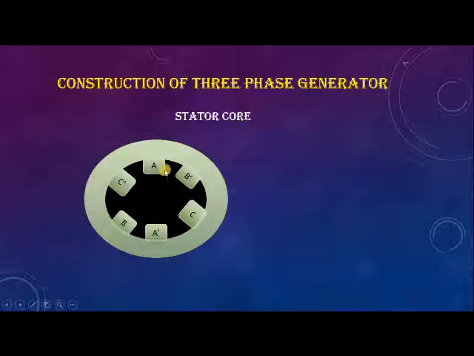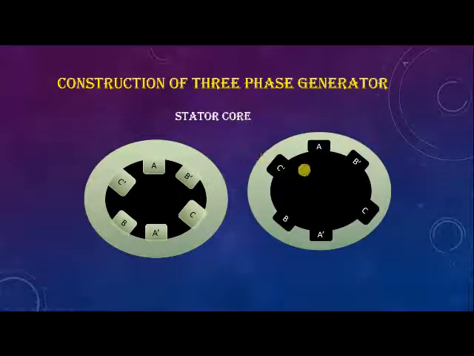And then after 120 degrees we have B. From here, if you move 120 degrees in the anti-clockwise direction, we can find B. And opposite to B, we have B dash. And from B, if you move 120 degrees in the anti-clockwise direction, you can find C. And opposite to that, we have C dash. Is it clear?